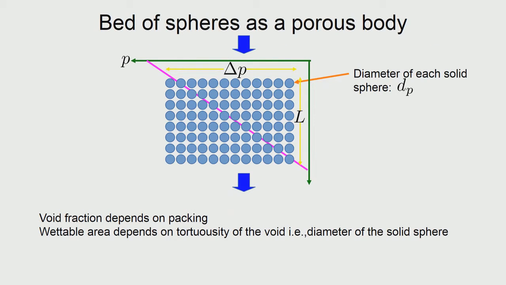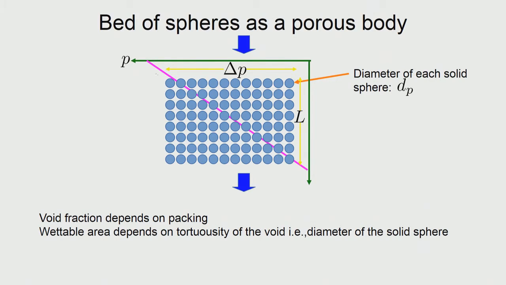Now, we can go ahead and apply the same concept to a bed of spheres that would act as a porous body. The only reason why we want to take it up is because we do have a simpler expression that can come out. So, the bed of spheres is depicted here. The pressure is high at the top surface, it is low at the bottom surface, and therefore the fluid flow will take place in this direction, and that is happening in the void spaces that are interconnected.